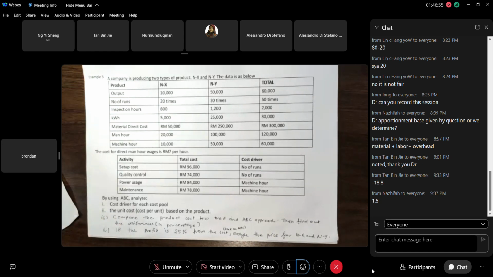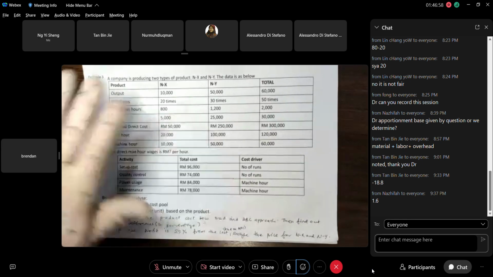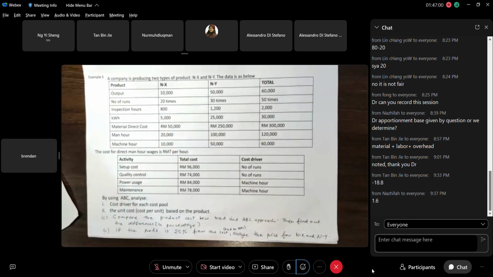Yang tadi tu quite complicated. But this one is very simple actually. Or you want to make it after this and then you show me the answer by PM me?